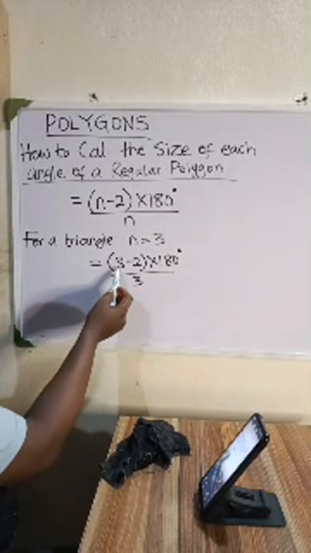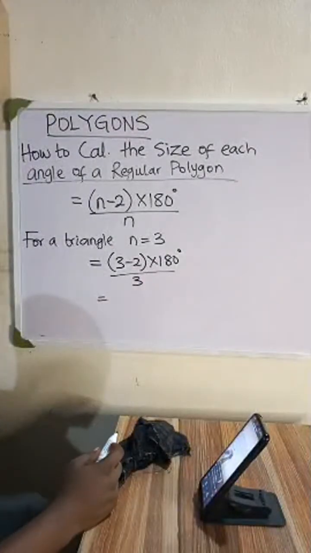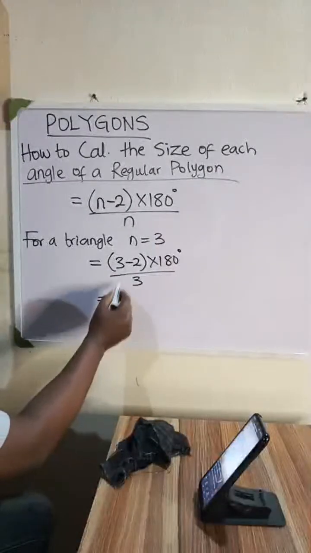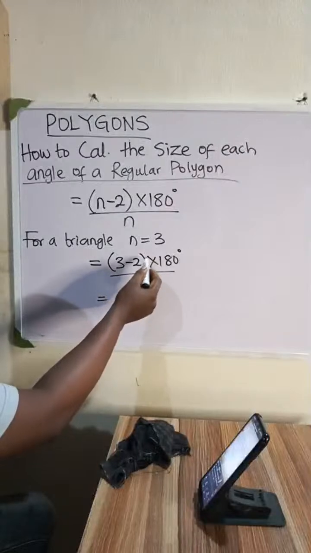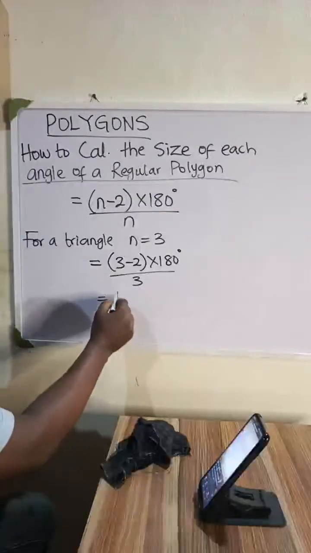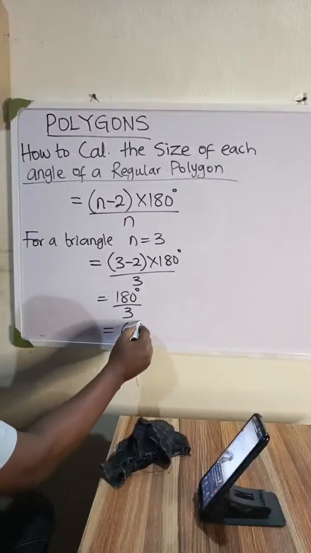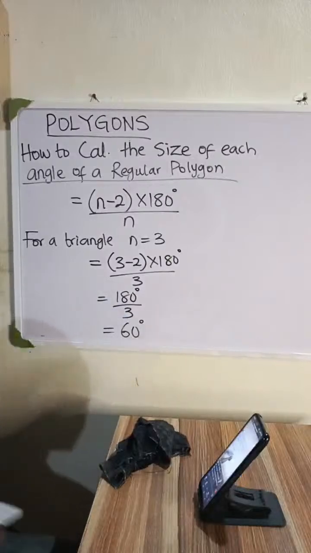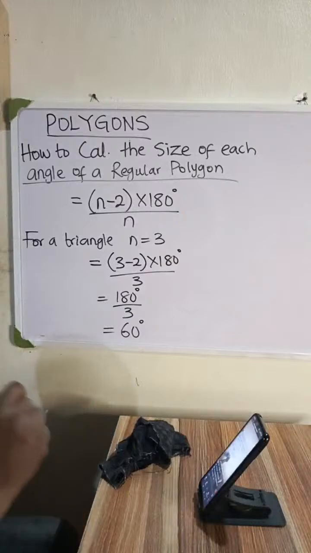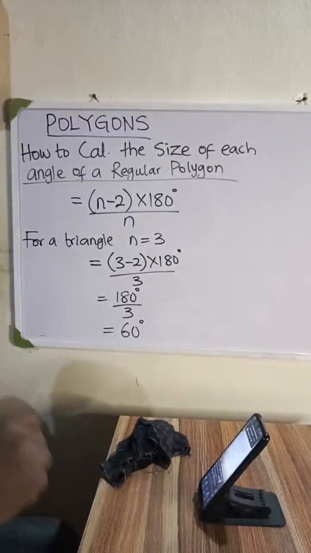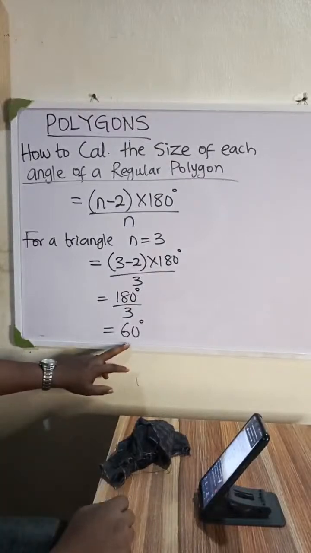That gives 1 times 180, which is 180, over 3, which is 60 degrees. So each angle of a regular triangle is equal to 60 degrees.